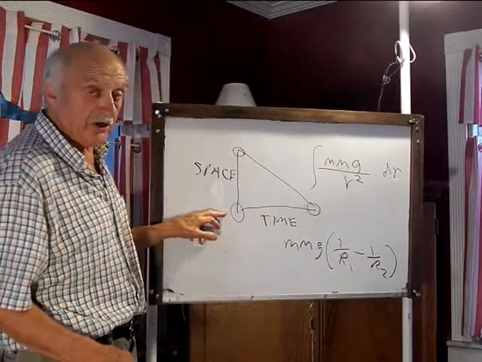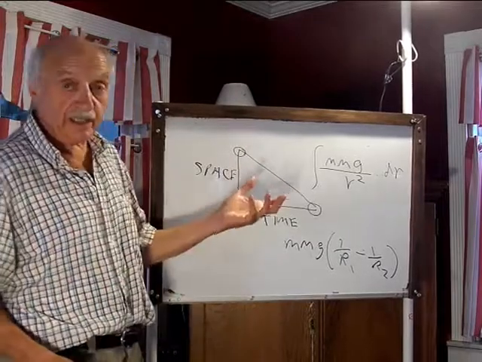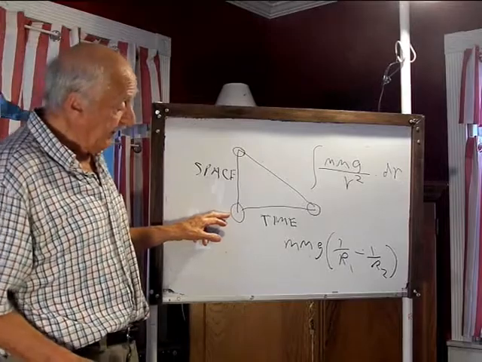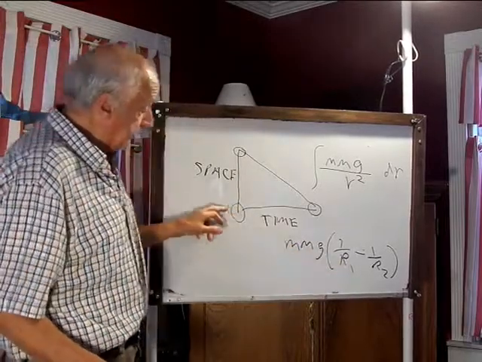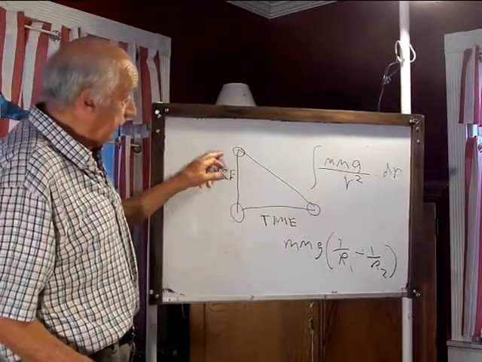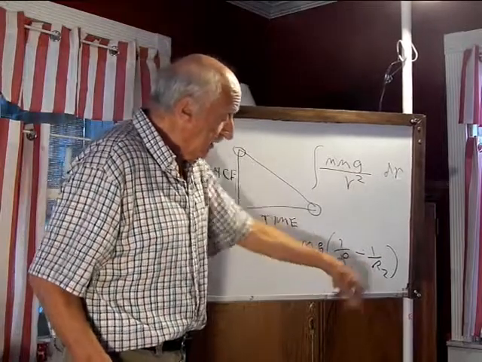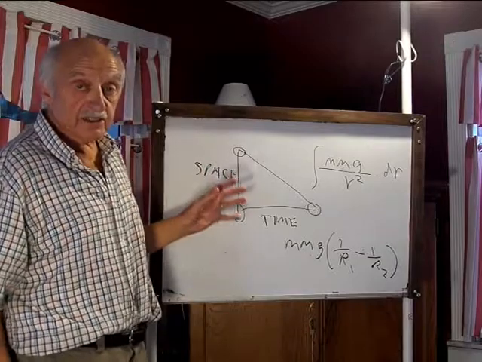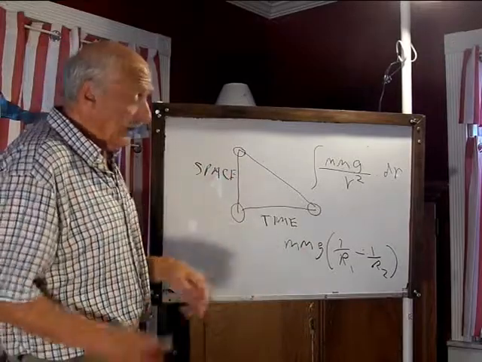If this were the Earth's surface and I were throwing a ball in the air, then this would be the radius of the Earth at this point, giving you the potential energy at that point. So this distance represents the change in potential energy given by that equation.